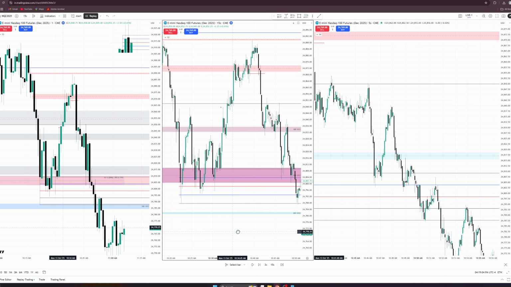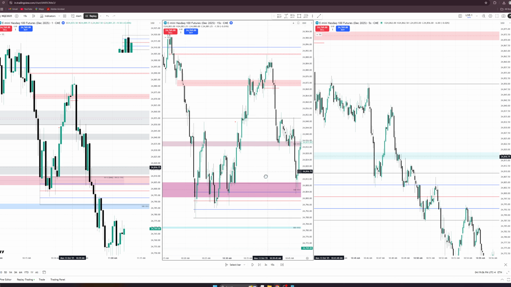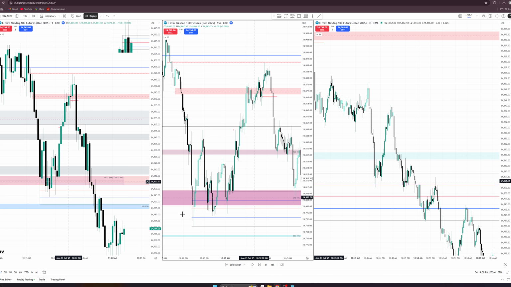Then again what you will do is look for a shift in market structure on lower time frames, for example this 15-second chart. So you have this swing high. Price went above this swing high, and the bodies of the candle are inside this first presented fair value gap, and again you had an expansion. Again price went above this swing high. So we have a bullish fair value gap.